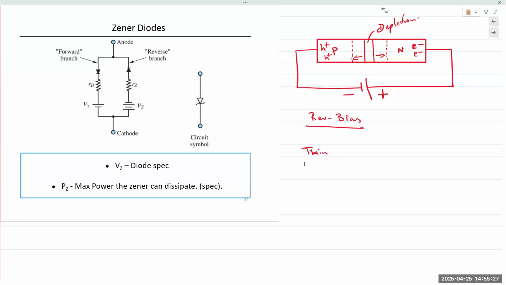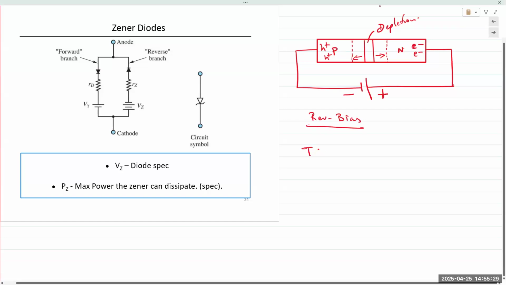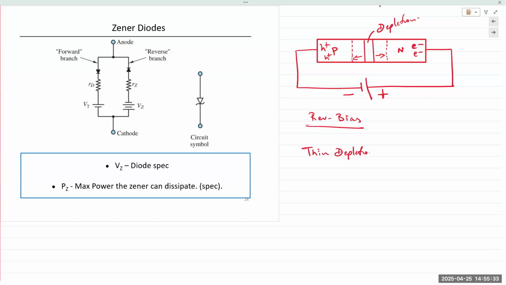Thin junction or thin depletion region, and heavy doping, so excess charge carriers. So now when you apply reverse bias, a lot more minority carriers may be available.